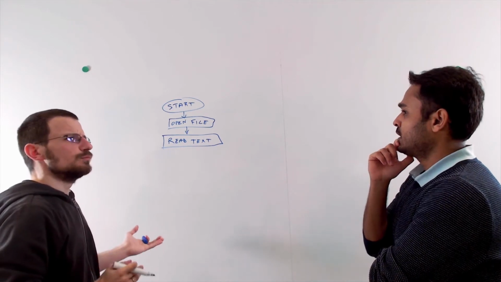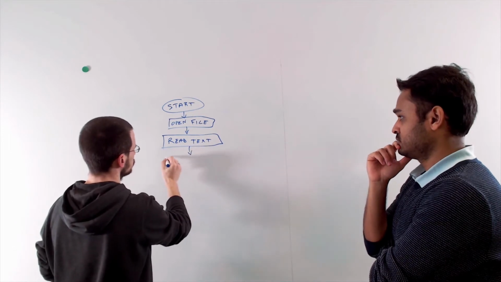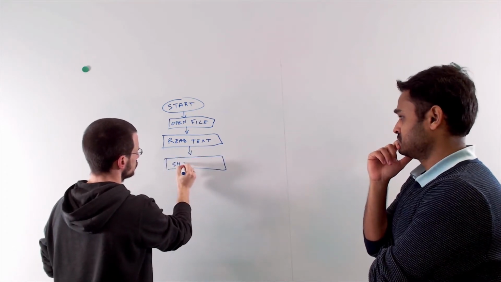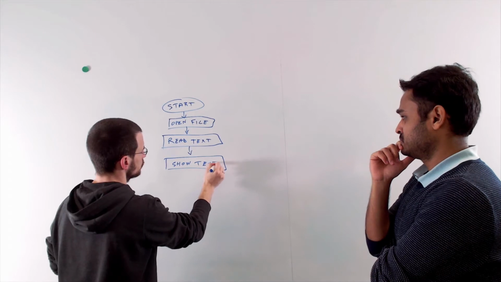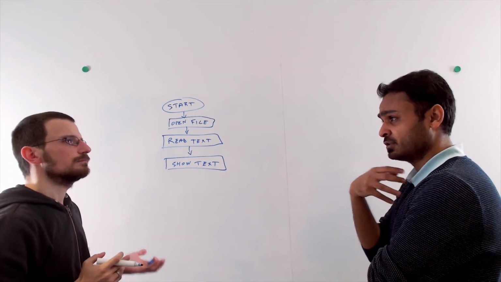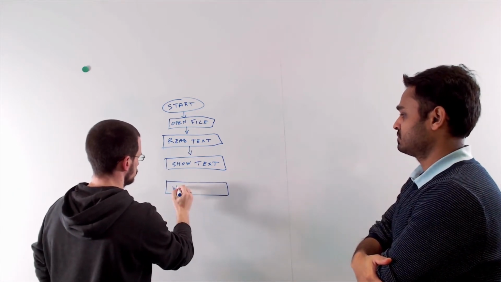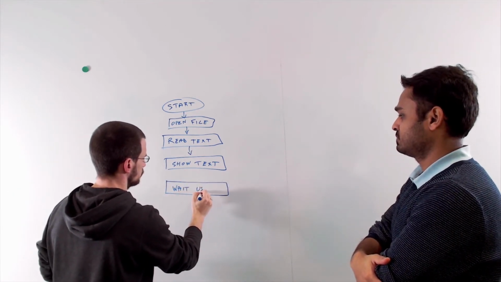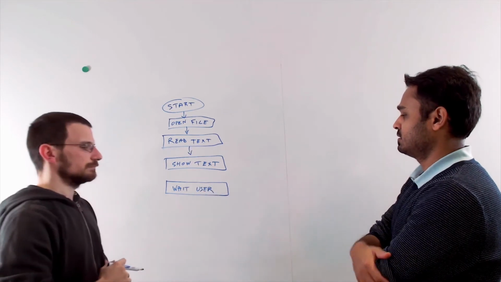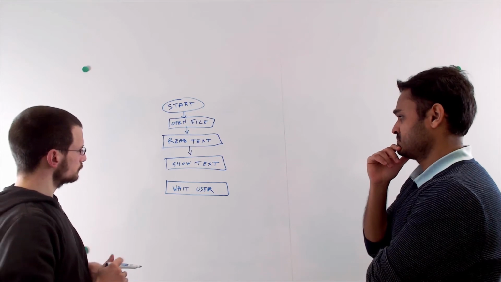Then it shows the text to the user. And then I think it waits for the user to turn the page. Exactly. Okay. Right? And then it just keeps doing that.